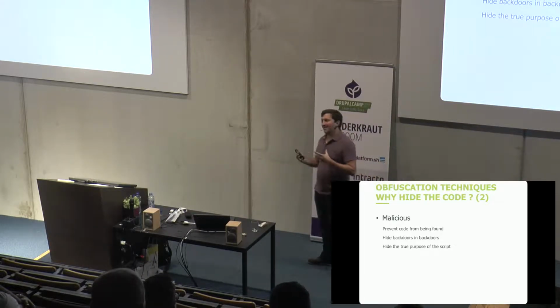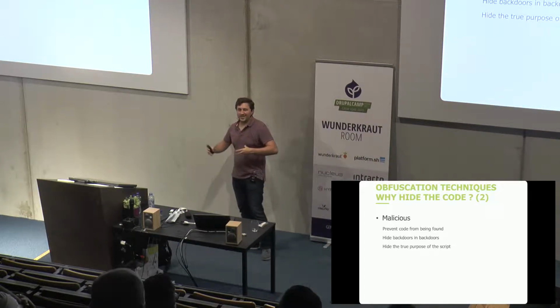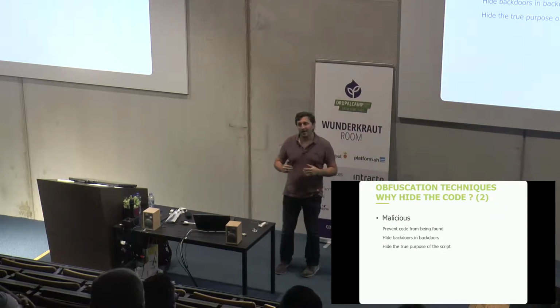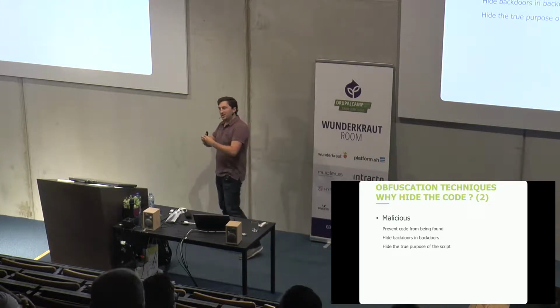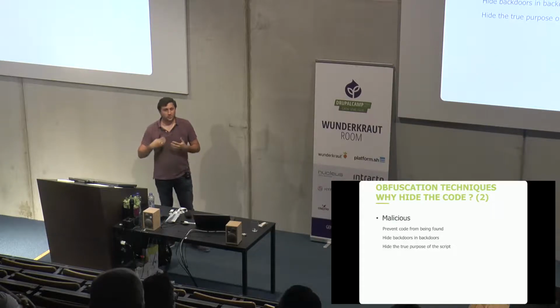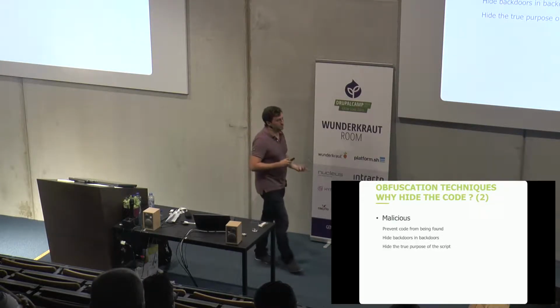Smart people usually write these kinds of exploits, and dumb people are usually the folks that are executing the exploits. The smart people, being smarter than the dumb people, they'd like to have access to that system as well, so they will hide code inside of their own code that someone implementing the code might not know about to get access as well. But mostly they will try to hide what that script is about to do.